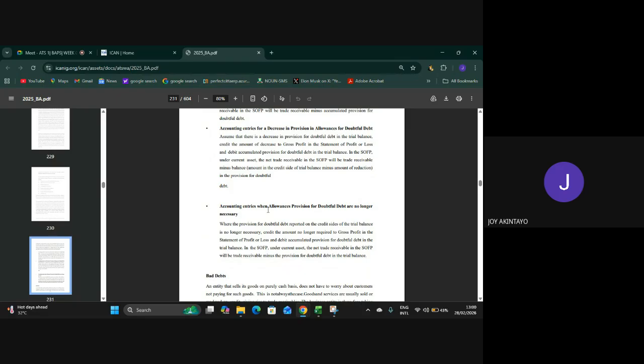In our listing, our accumulated provision for doubtful debts will be 0. The amount being paid, which is the provision at the beginning, will be the difference between the beginning and the end, which will be that amount.